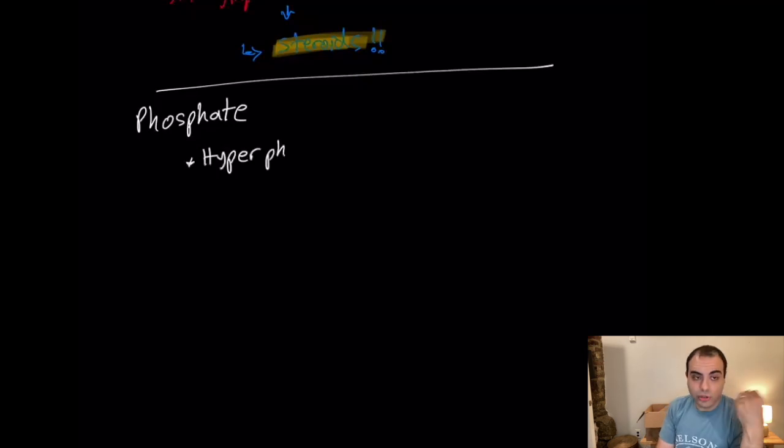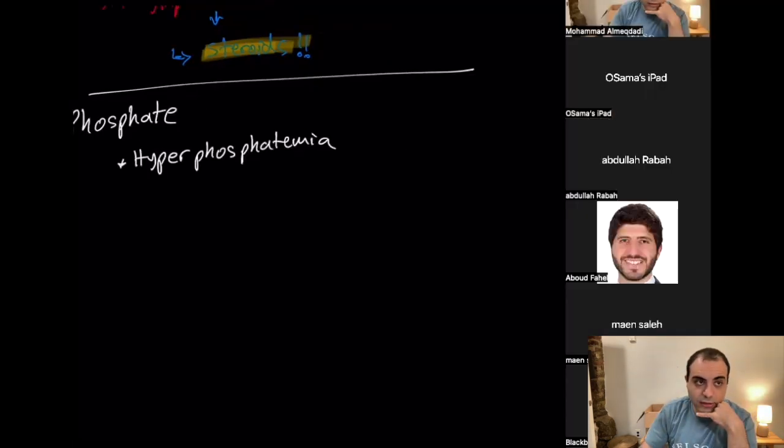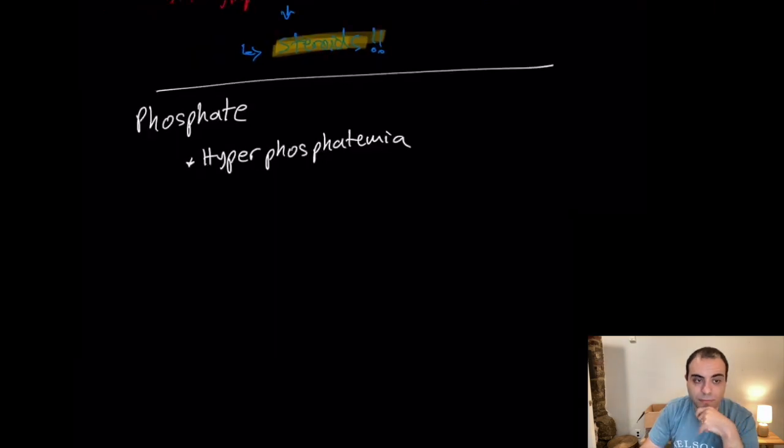What's the most common cause of hyperphosphatemia? When you see somebody with high phosphate, what is the thing that right away comes to mind? Somebody said RF. I'm guessing renal failure. Yes, so CKD, chronic kidney disease, is the most common cause.